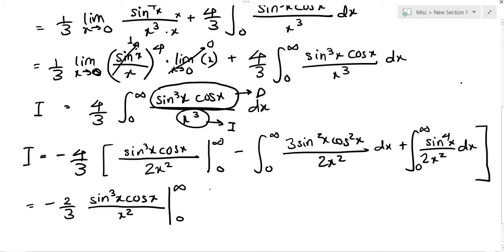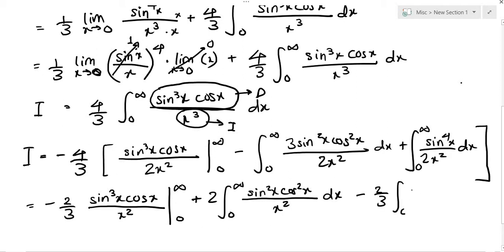So we just have plus 2 times the integral from 0 to infinity of sine squared x times cosine squared x divided by x squared dx, and negative 2 over 3 times the integral from 0 to infinity of sine to the fourth of x over x squared dx.